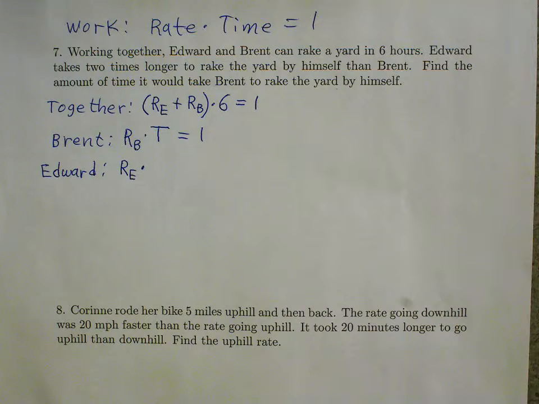I'll give you a minute or so to ponder that. Between the information given in the problem and one of the variable assignments that we've already made, we can come up with how to express the amount of time it takes Edward to rake 1 yard by himself.